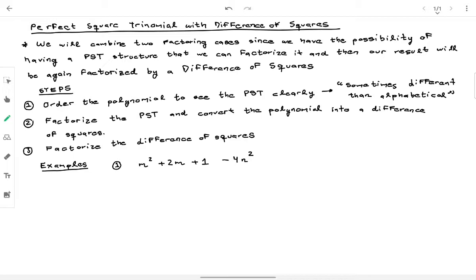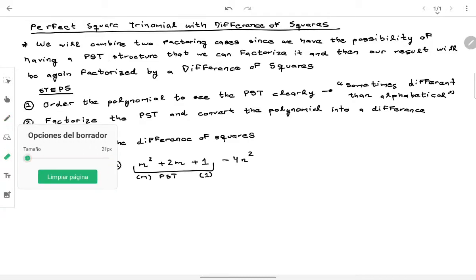So let's see. In the first example, it's very simple because we have it ordered. If we check this part, it has a structure of the perfect square trinomial. Why? Because the first one has a specific square root that is m. The third one has a specific square root that is 1.